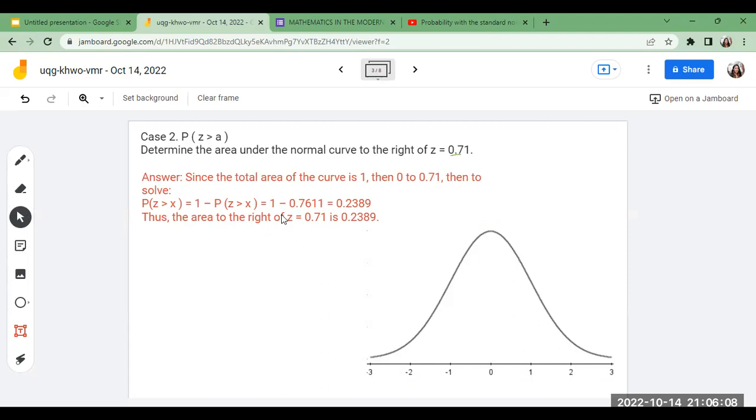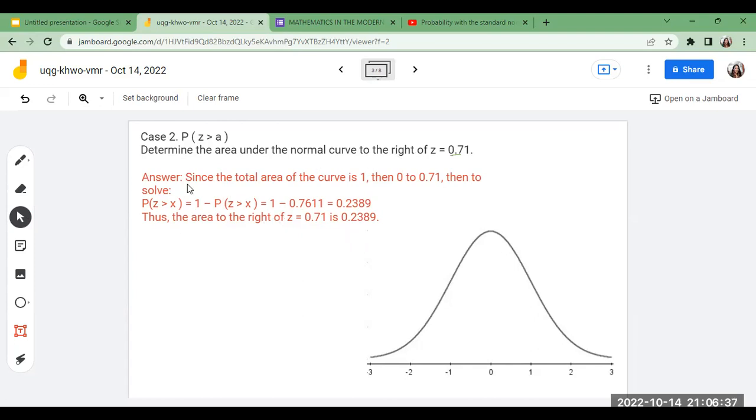That is 1 minus 0.7611, which is equal to 0.2389. Thus, the area to the right of z equal to 0.71 is 0.2389. So that's how it is for the right: subtract the area you get from 1, which is the total area of the curve.